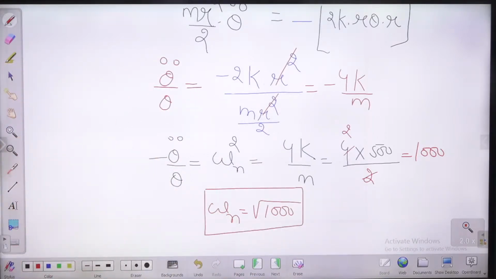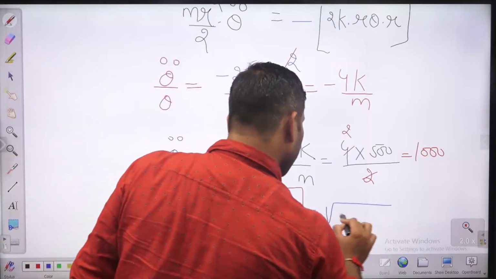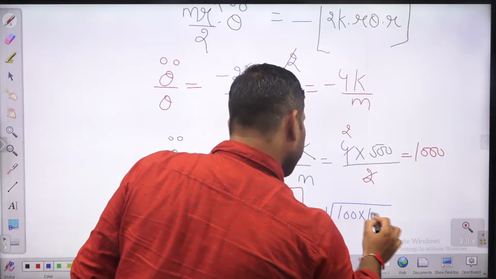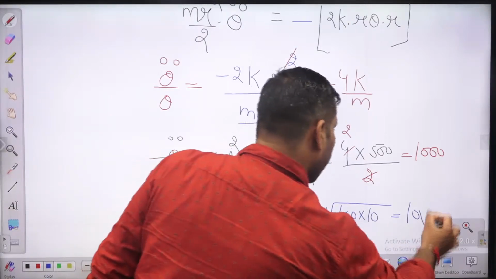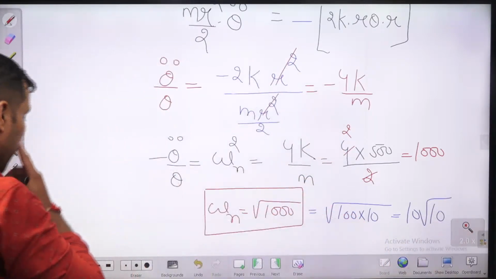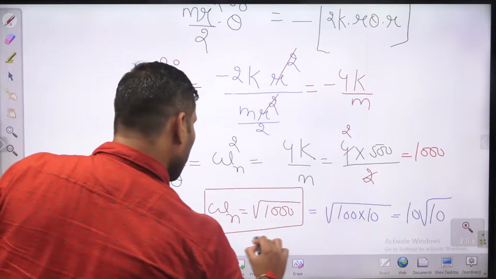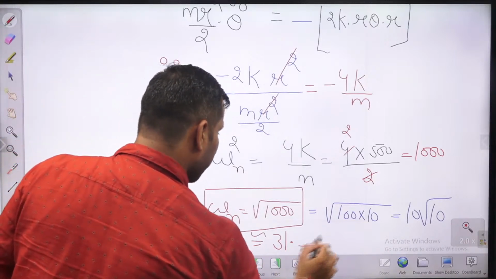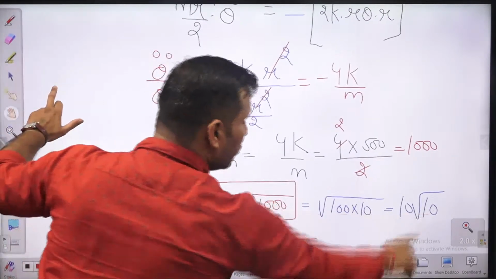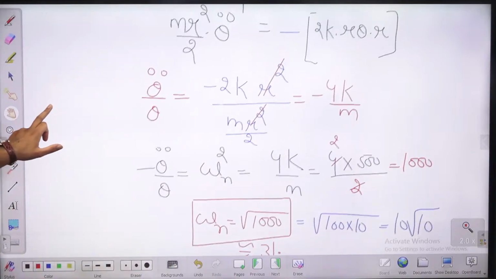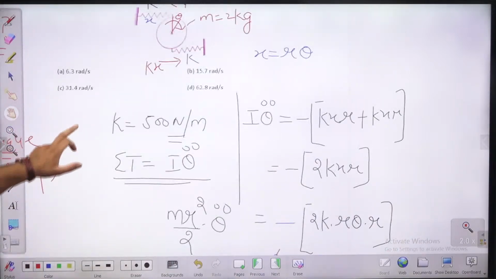This will be under root 100 into 10, so this is 10 under root 10. Under root 10 will be 3 point something, and 10 into 3 point something gives a 31 point something answer.